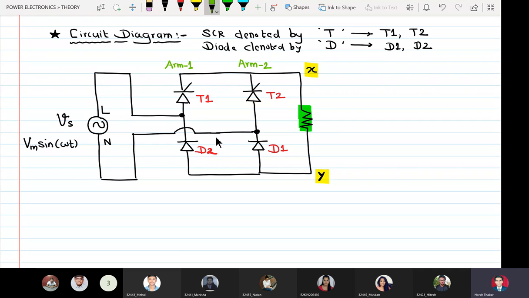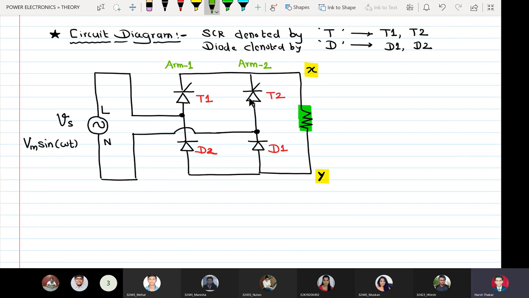Similarly, T2 comma D2 are connected in such a way that they will be forward biased in the negative half cycle, and in that half cycle T1 comma D1 will be reverse biased, and so they cannot conduct. That means out of 4 devices, any 2 devices, and that too which are in the diagonally opposite pair, will conduct in only one of the 2 half cycles. Now in a bridge rectifier, the T1 and T2 are replaced by diodes.